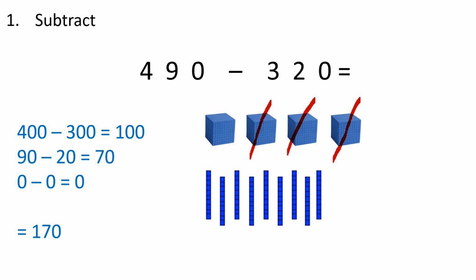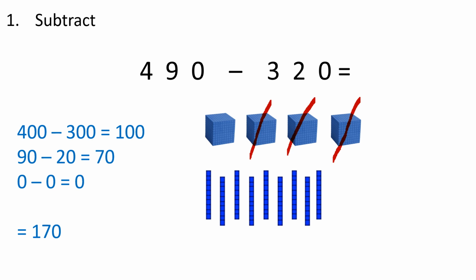Then, like we normally do, we need to subtract our tens next. So in 490, there are 90 tens, and in 320, there are 20 tens. So I need to do 90 subtract 20, and I've actually got 90 in base 10 here. Let's just double check: 10, 20, 30, 40, 50, 60, 70, 80, 90.